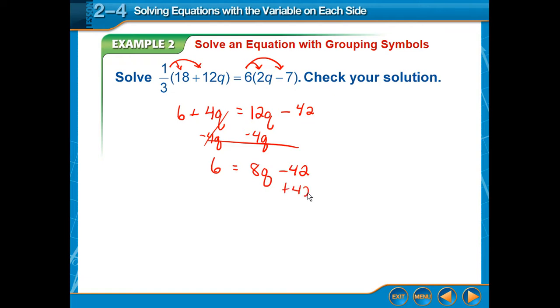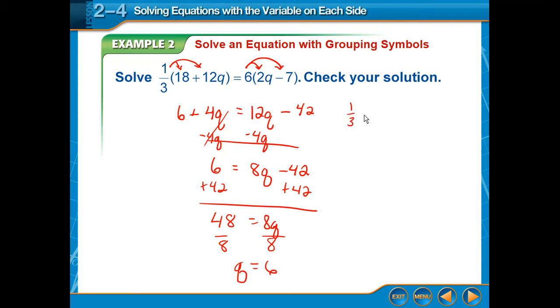So I'm going to do plus 42, and I get 48 equals 8q. And I divide both sides by 8. And 48 divided by 8 gives me 6. So q equals 6.